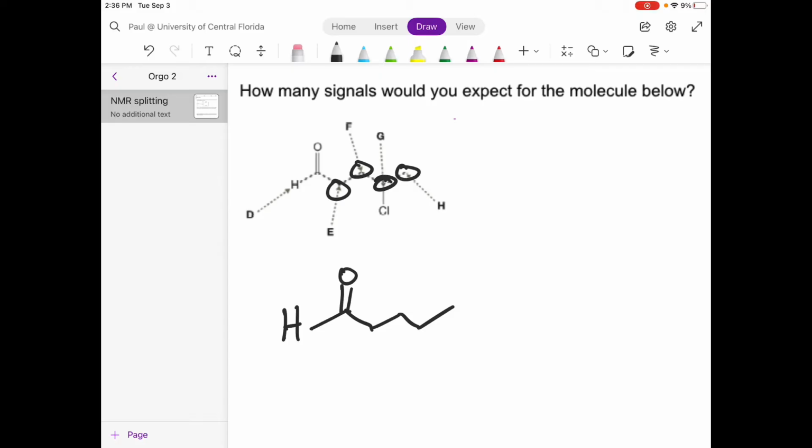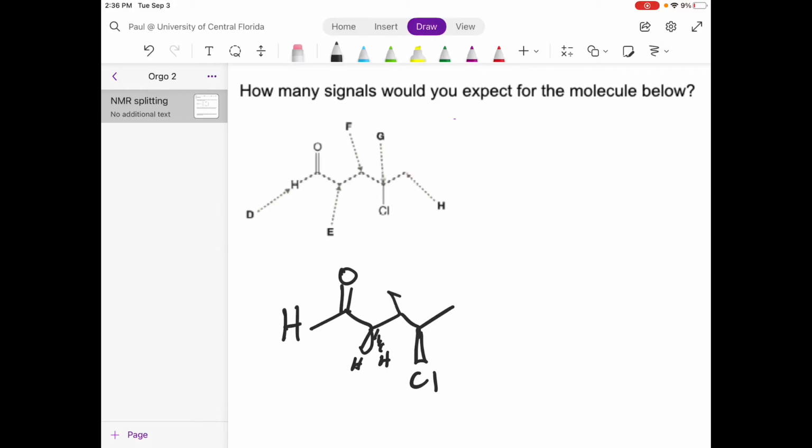Okay, so we have a chlorine right here. And when you take a closer look at that, you can see that that is a stereocenter. So you have to pick this. It's not telling you what it is, so you just have to guess. We'll just put it as a wedge. Now when you take a look at that, what is the relationship between these protons between themselves?